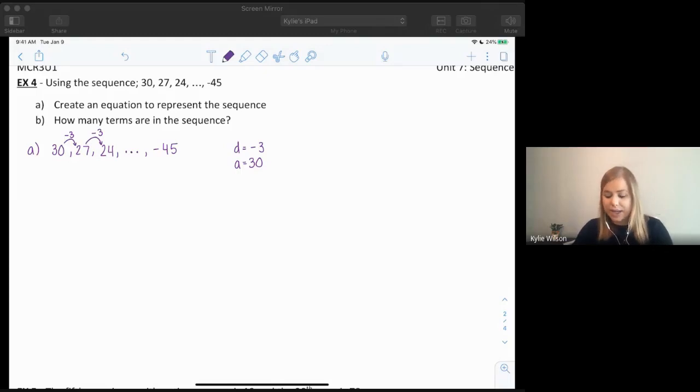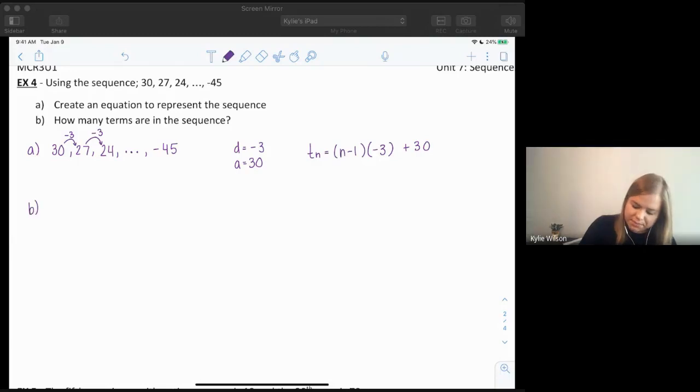Now let's write all of this into the general formula. T of n is equal to n minus 1 multiplied by our common difference, plus 30. If you want, you can simplify this a little bit, but leaving it like this is fine too.